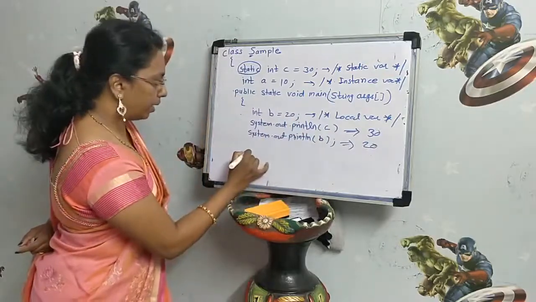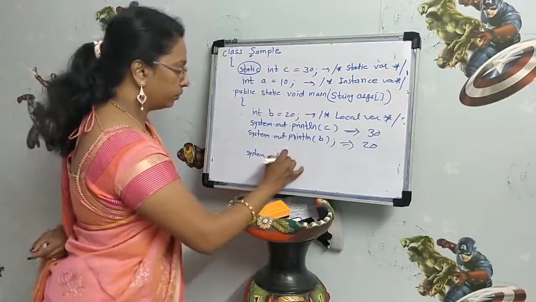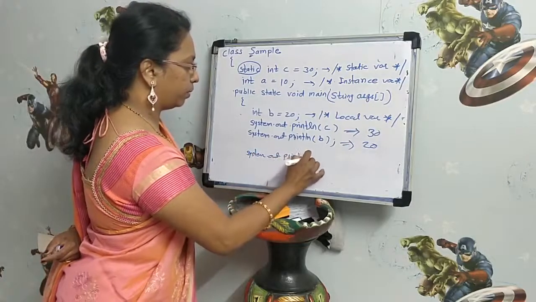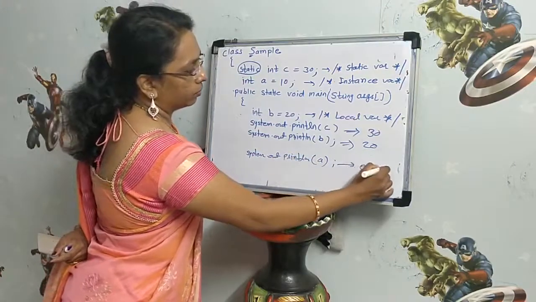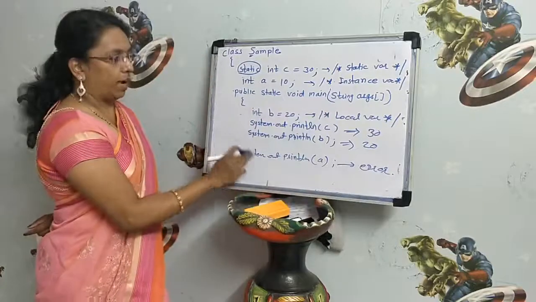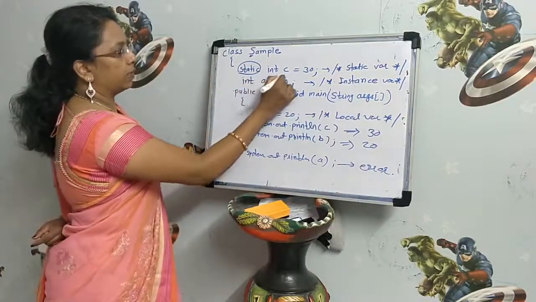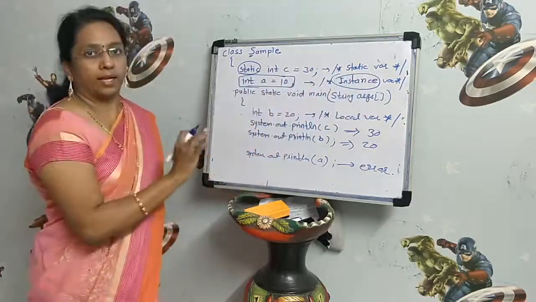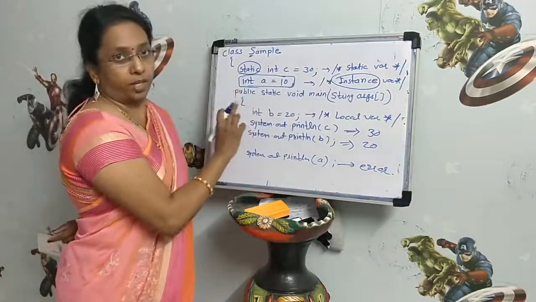But when I say System.out.println a, it will give you an error. See why? Because this is an instance variable, right? Instance variables we cannot access directly. They should be accessed through an object reference.